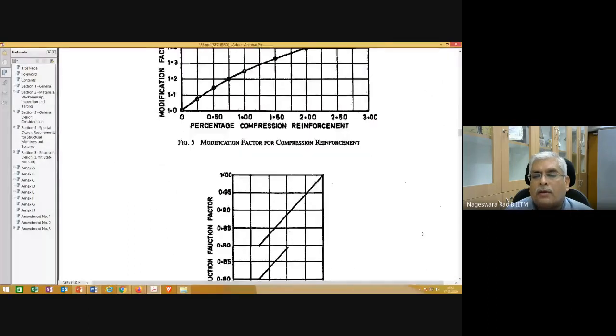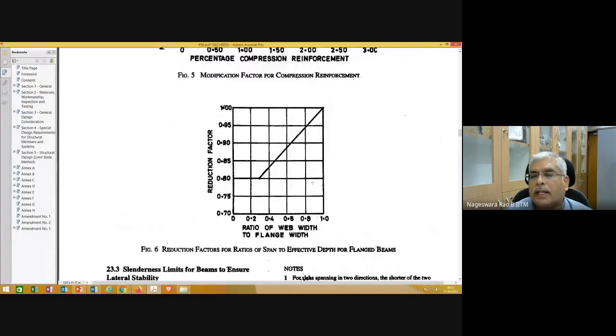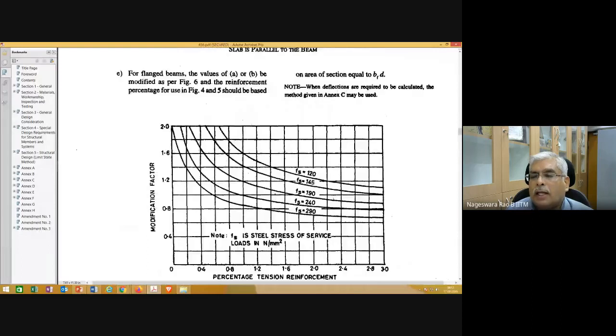There is no compression reinforcement in this particular problem, and it's not a flanged section, so you can take this to be 1, 1.